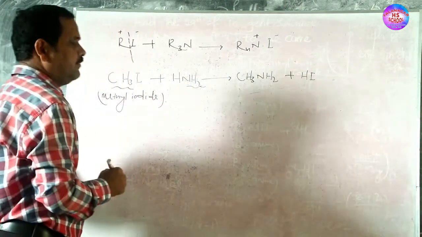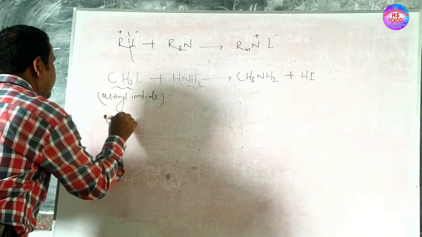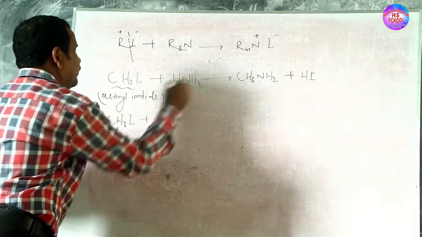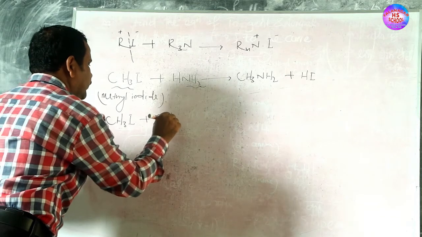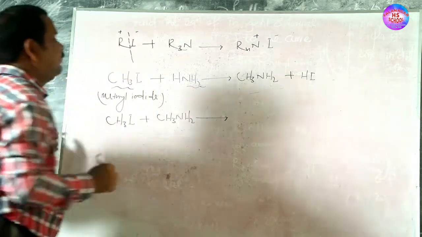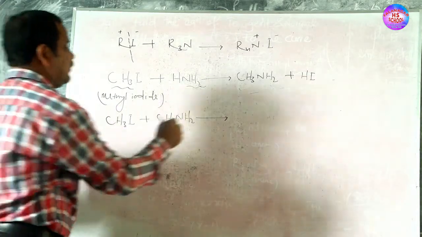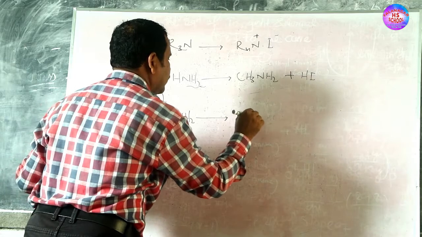This methylamine and methyl iodide again react to form CH3 single bond N, and we get two methyl groups.